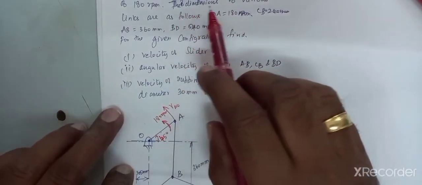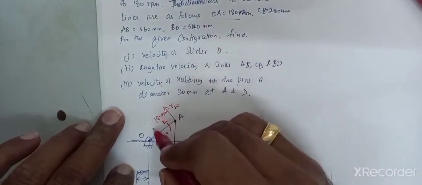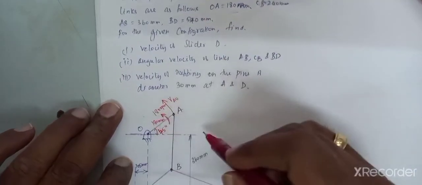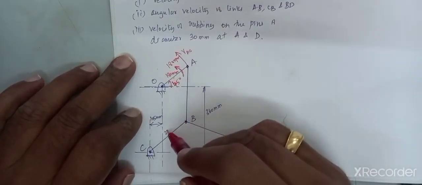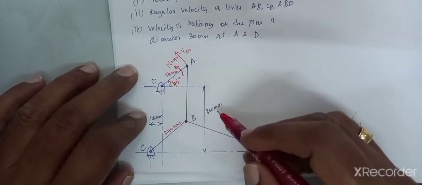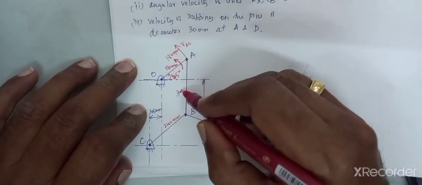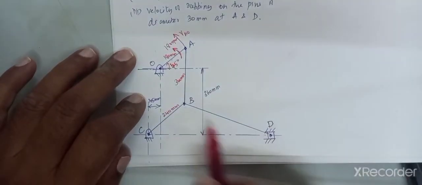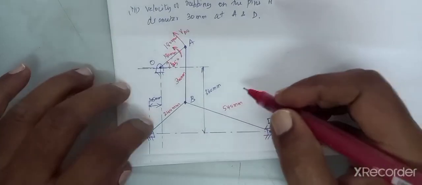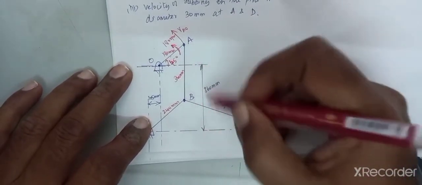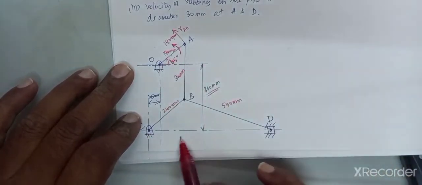Right, then they have noted the dimensions of various links. OA is 180 mm, CB is 240 mm, AB is 360 mm, and BD is 540 mm. And we have two horizontal axes which are 360 mm apart, from point O to this axis.